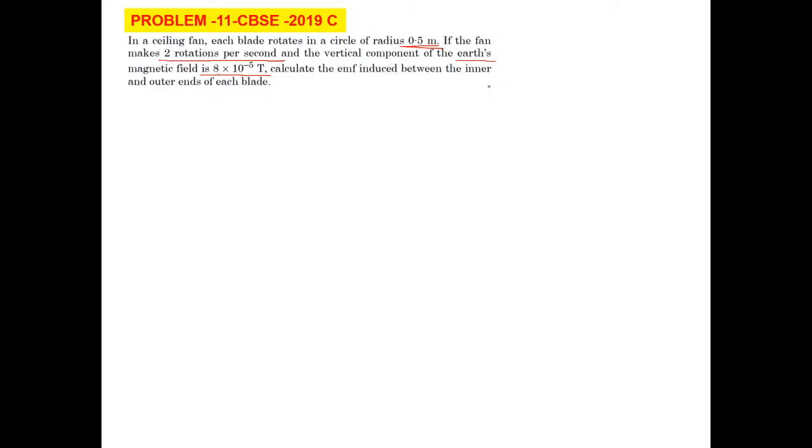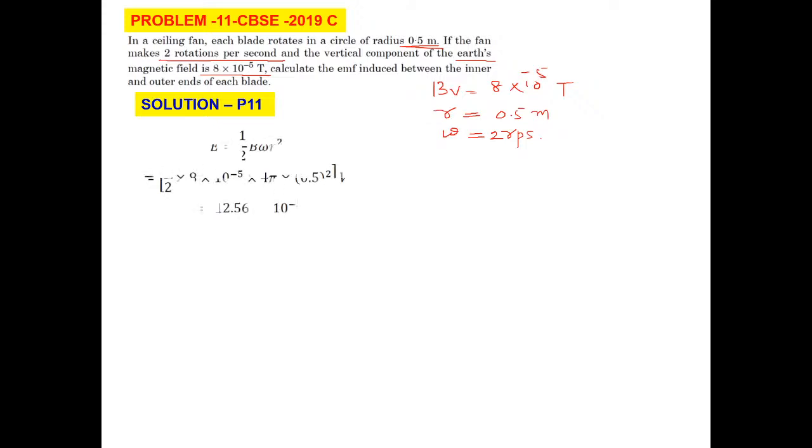So we have the vertical component B_V equals 8 into 10 power minus 5 Tesla, radius equals 0.5 meters, and omega, the angular velocity, is 2 rotations per second.